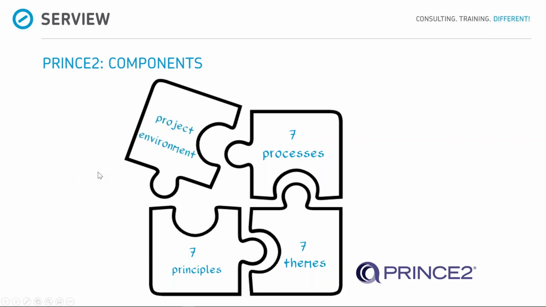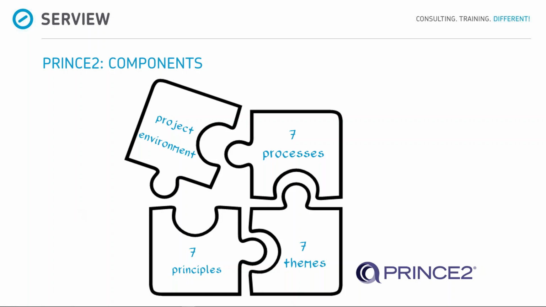So Prince acknowledges this by having a 4th element that tells you, please tailor your project management method to your project environment. Have a look at what serves you and what doesn't. Don't do it as detailed. Leave the details out. And then you will get a lean project management method that will work for your project.